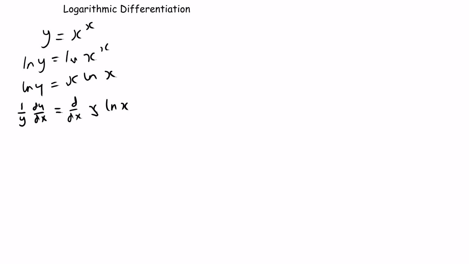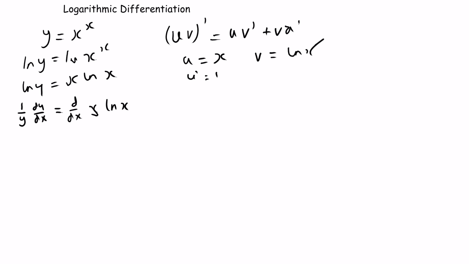The derivative of uv is equal to u v prime plus v u prime, where v prime is dv by dx, and u prime is du by dx. So we're going to have u is x, u prime is equal to 1, v is ln x, and v prime is 1 over x.